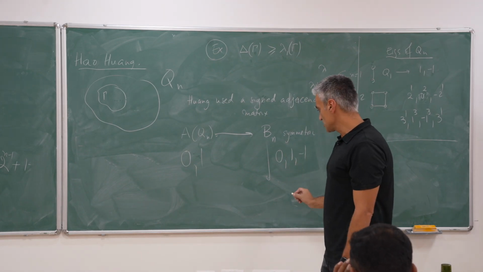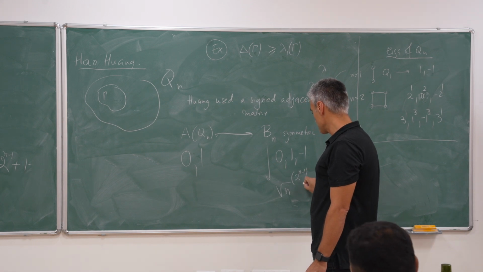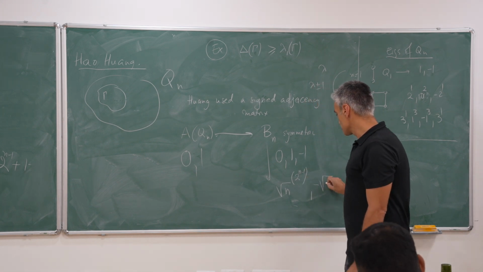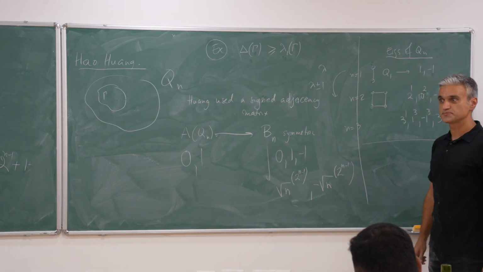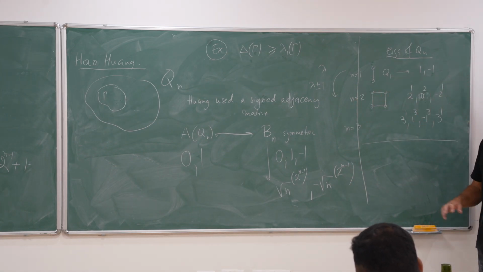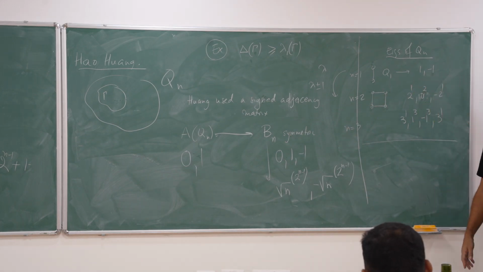The eigenvalues here will be square root of n with multiplicity 2 to the n minus 1, and minus square root of n with multiplicity 2 to the n minus 1. Which is kind of like, okay, there's a square root of n, so maybe there's something.